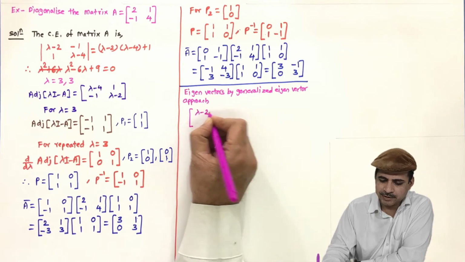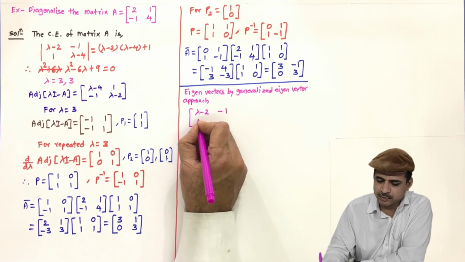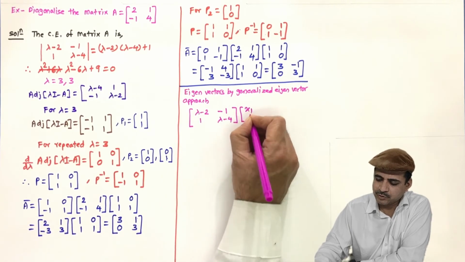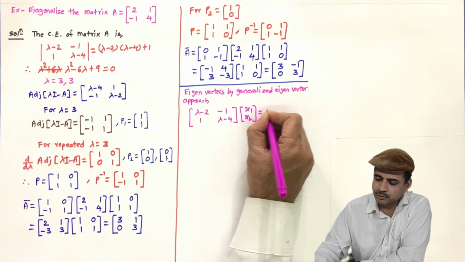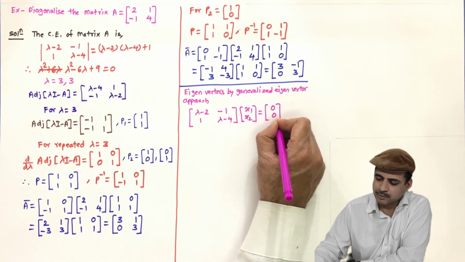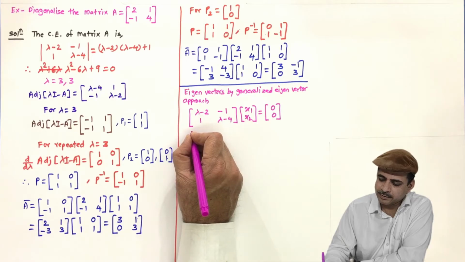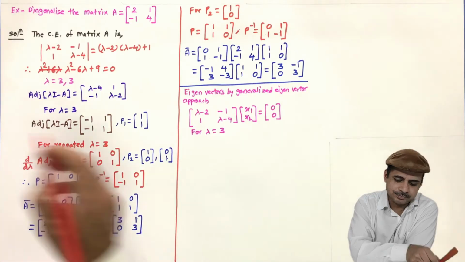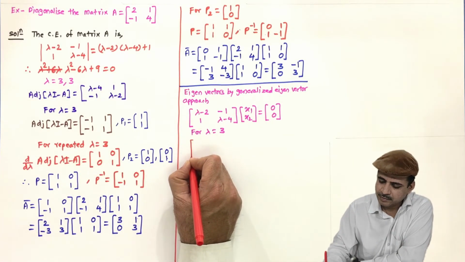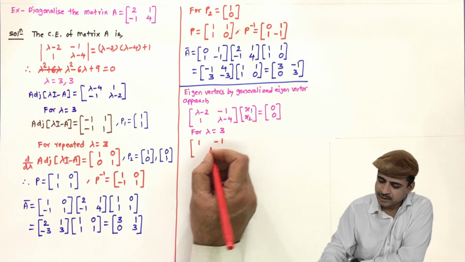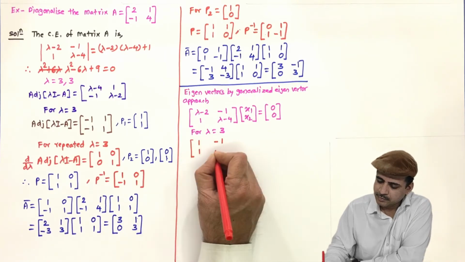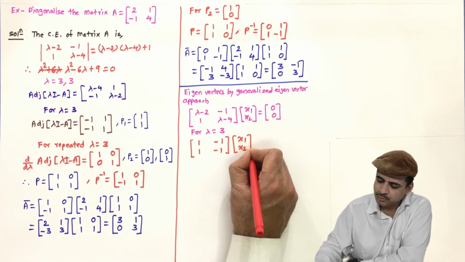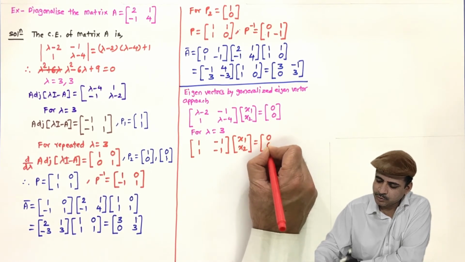It's lambda minus 2, minus 1, 1, lambda minus 4, into x1 x2, that is equal to 0 0, and now for lambda equal to 3 we get this as 1 minus 1, 1 minus 1, x1 x2 is equal to 0 0.